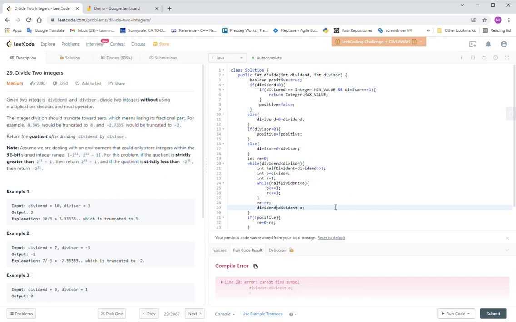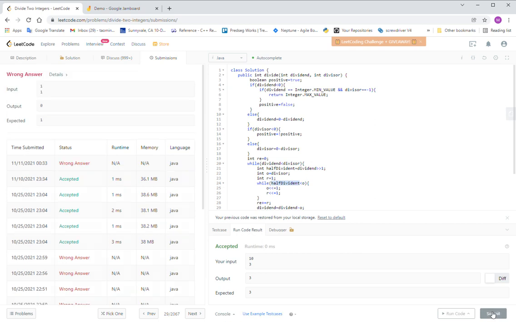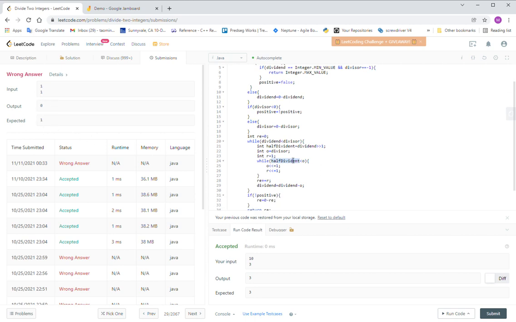Okay, dividend and dividend. Okay, and let's submit that. Let's check what's wrong. Input is 1, 1, output is 0.